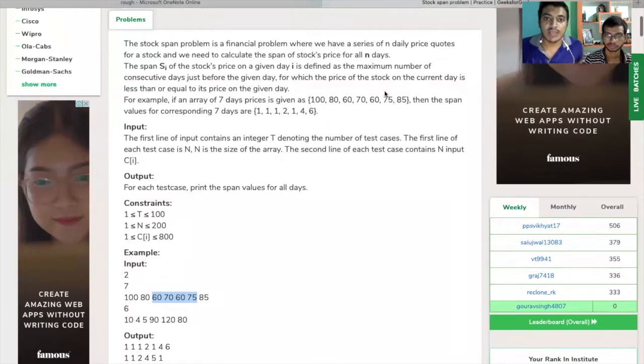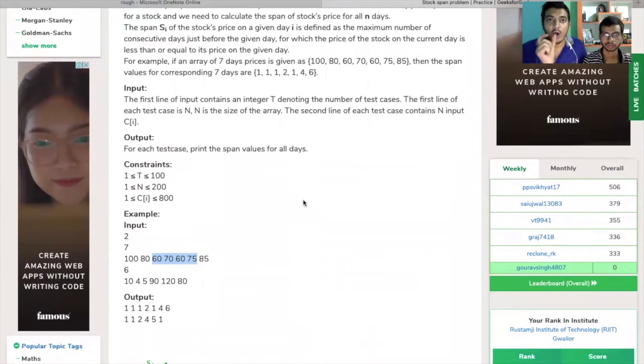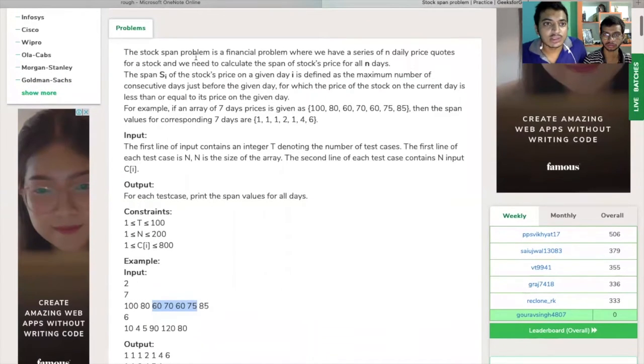So in this problem, for every element we have to calculate the span of that stock. Let's read out the problem first. The stock span problem is a financial problem where we have a series of n daily price quotes for a stock, and we need to calculate the span of the stock's price for all n days.